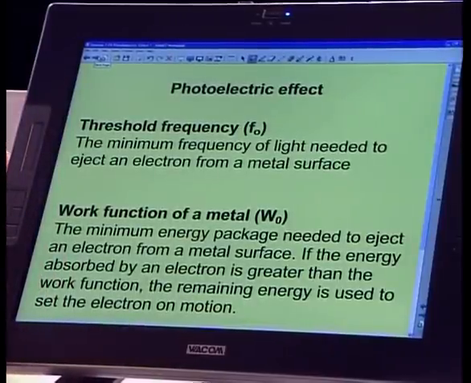Okay, now let's move on and have a look at what happens then. I want you to understand this very carefully. What happens when the energy coming into a metal surface, that packet of energy, that photon, does not cause electrons to be ejected? Why would sometimes that packet of energy in a particular metal cause electrons to be ejected, but not necessarily cause the electrons to fly off and move away?